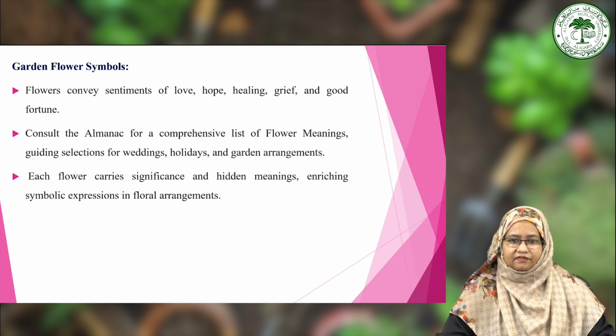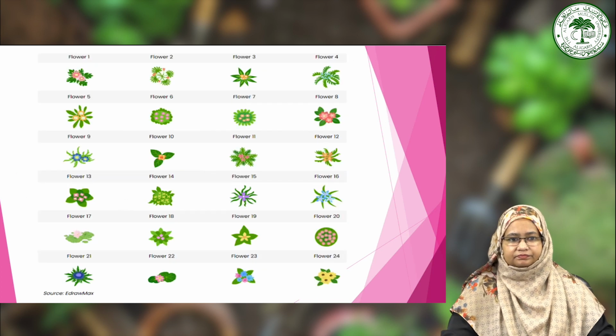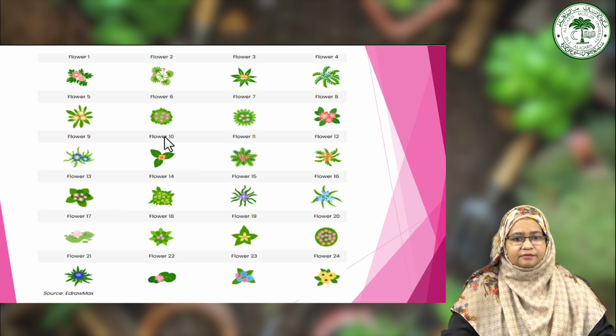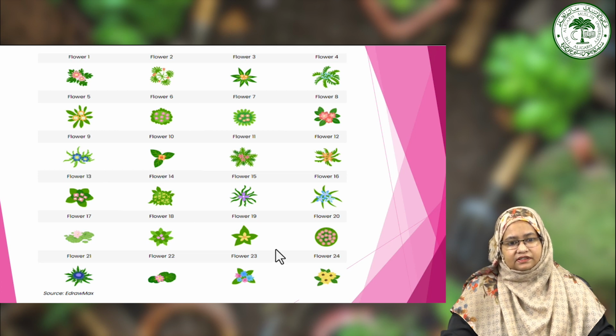Whether you are selecting flowers for a special event or enhancing your garden's ambience, each flower carries intrinsic value and hidden meaning worth exploring. These are the symbols of flowers which we can use according to their color, seasons and the size of the leaves.